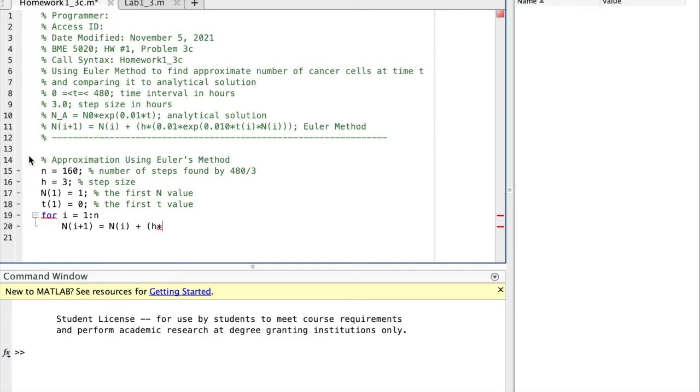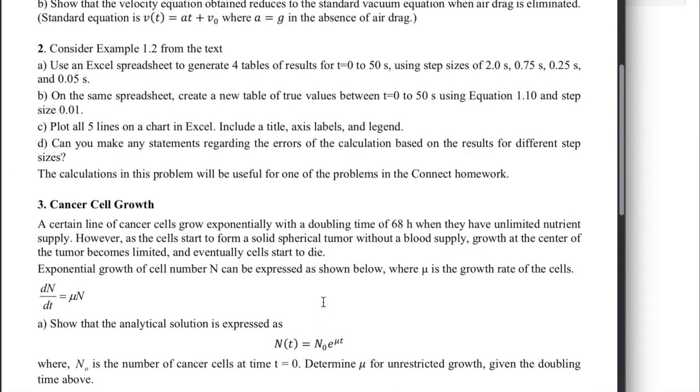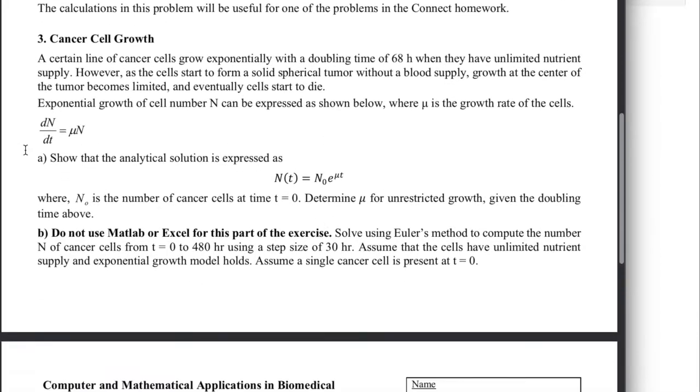So you might be wondering, well, what's our slope? If you recall from the problem, they told us that this rate here, dn/dt, is mu times n. Well, if you recall, slope can also be expressed as a type of rate.